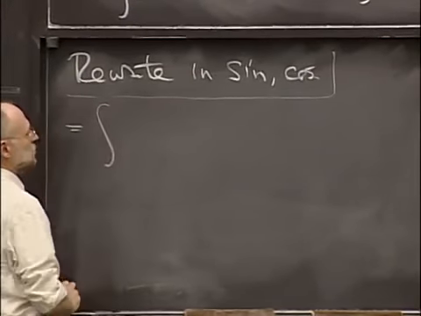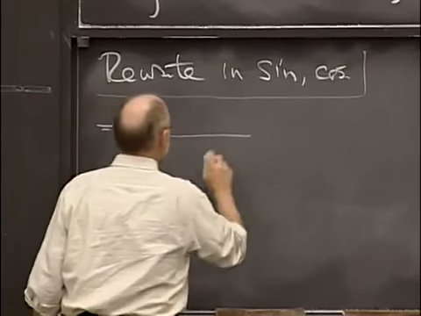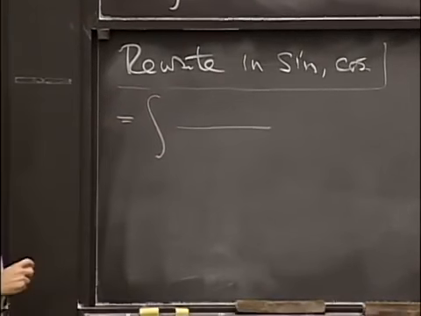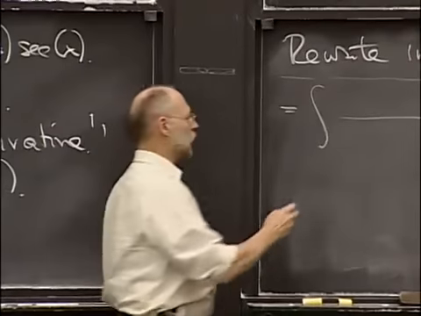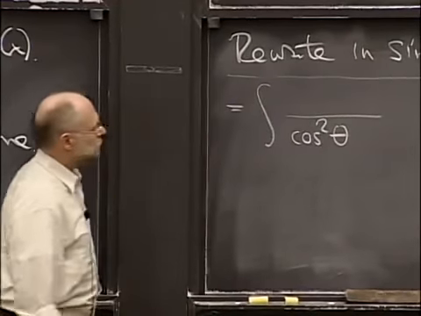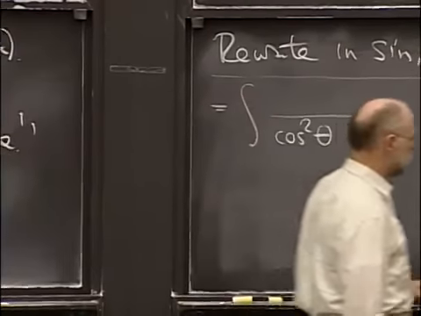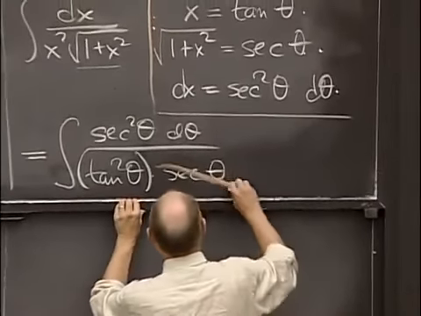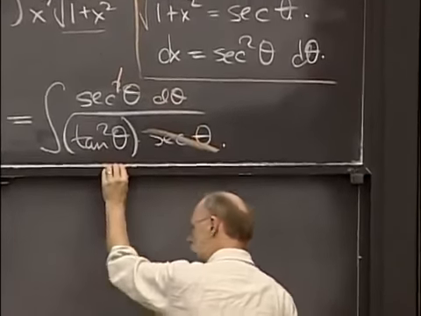So let's do that. The secant squared, secant is 1 over cosine, so I'm going to put a cosine squared in the denominator. Oh, I guess the first thing I can do is cancel. Let's do that. That's clever. You were all thinking that too. Cancel those.